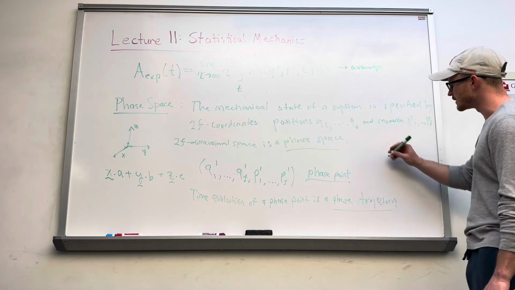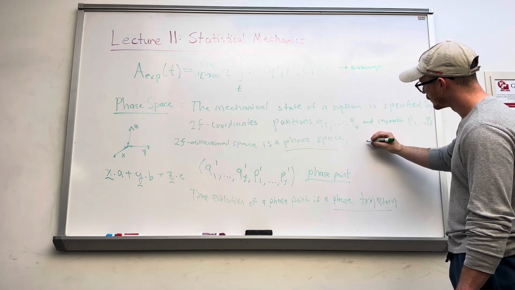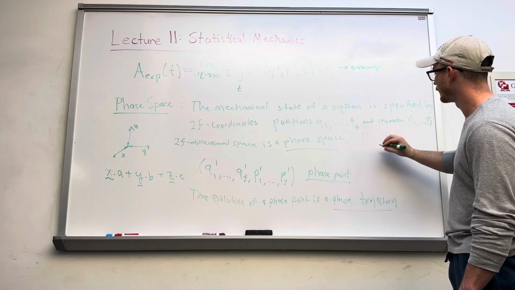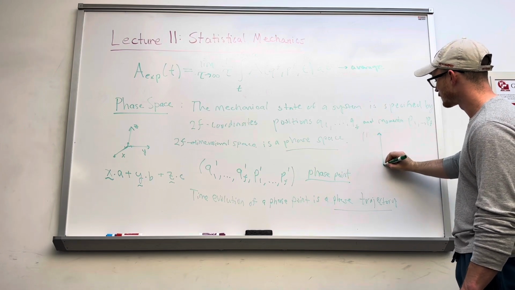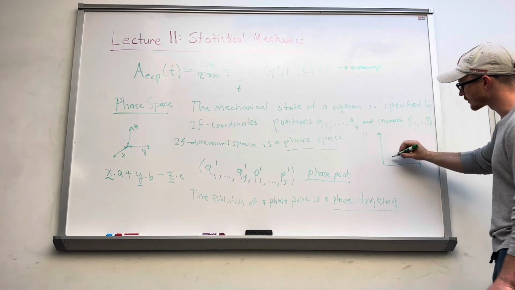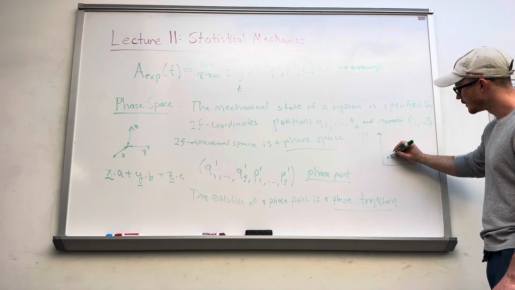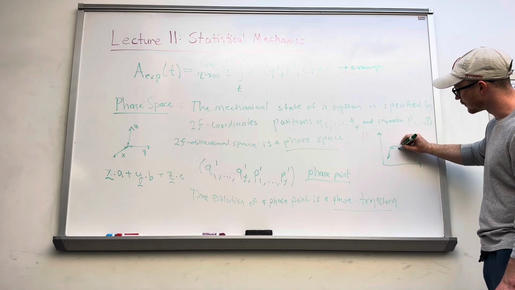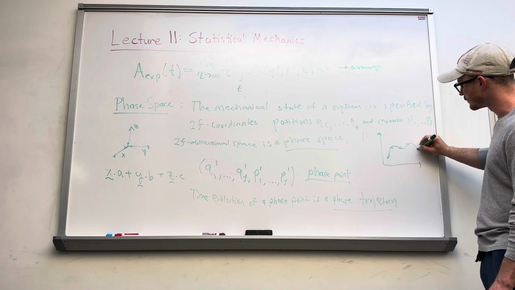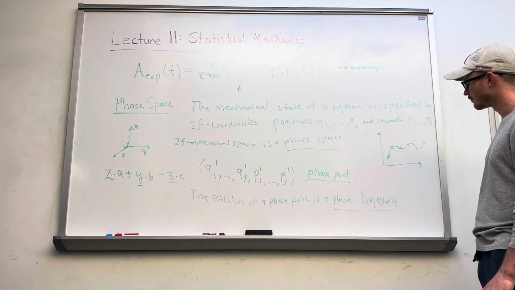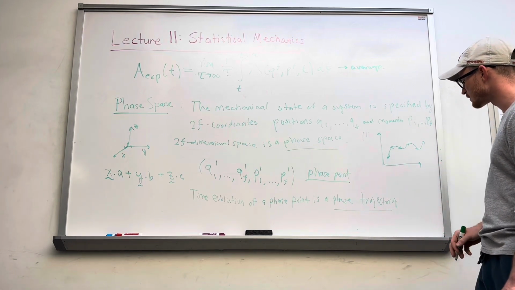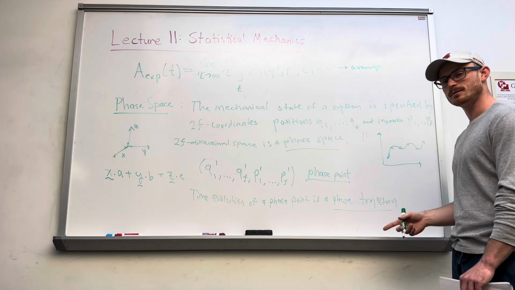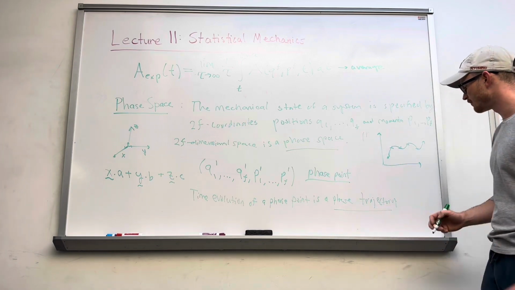If I'm in a phase space, let's say, we'll do example 1 here, a phase trajectory is I start at a point, and that point starts moving around in this 2F dimensional space. Okay, makes sense. But let's think about what other types of trajectories you could have.